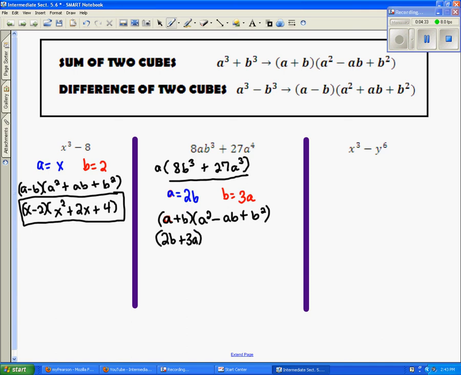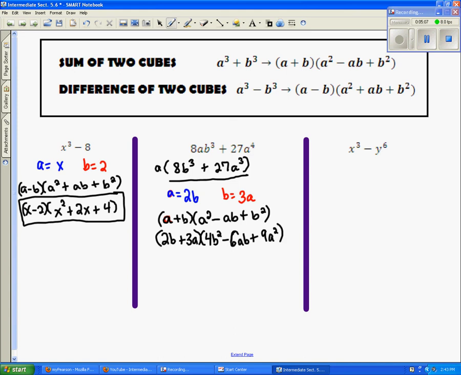Now on this I need to do a squared. So that means 2b times 2b is going to be 4b squared minus, now this part I say a times b, so I say 2 times 3 is 6, keep the a and the b, 6ab, plus, now I need to do b squared, which means 3a times 3a, which is 9a squared.